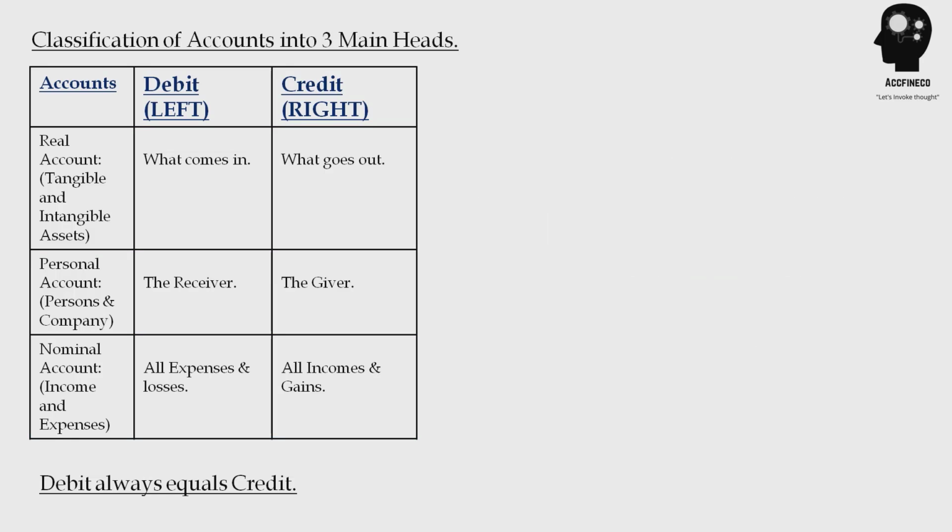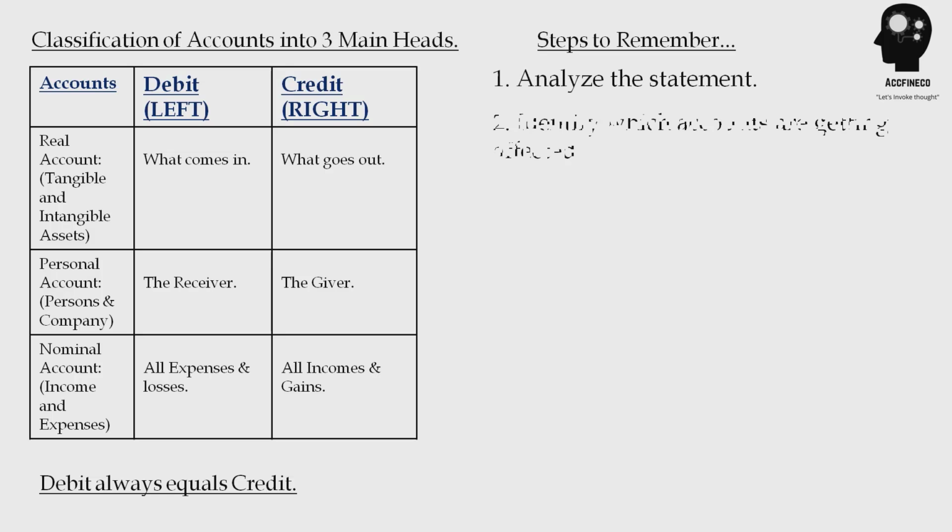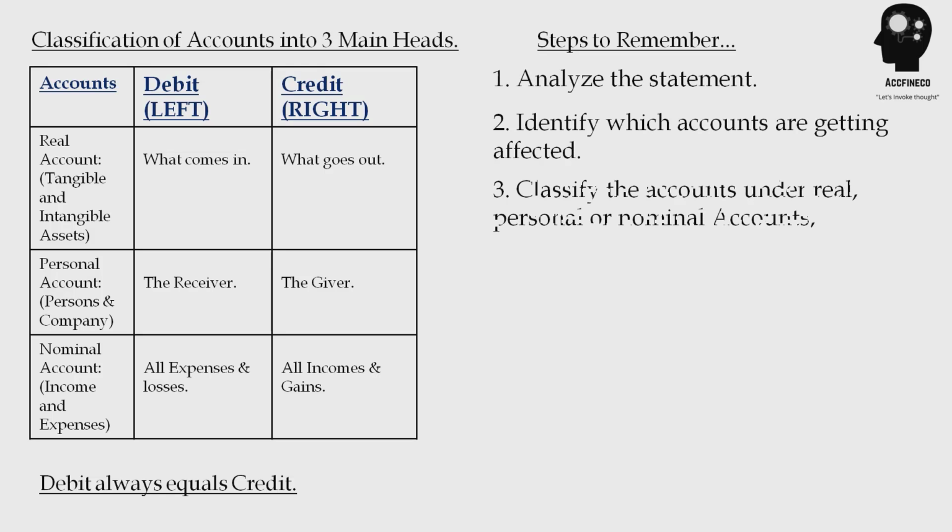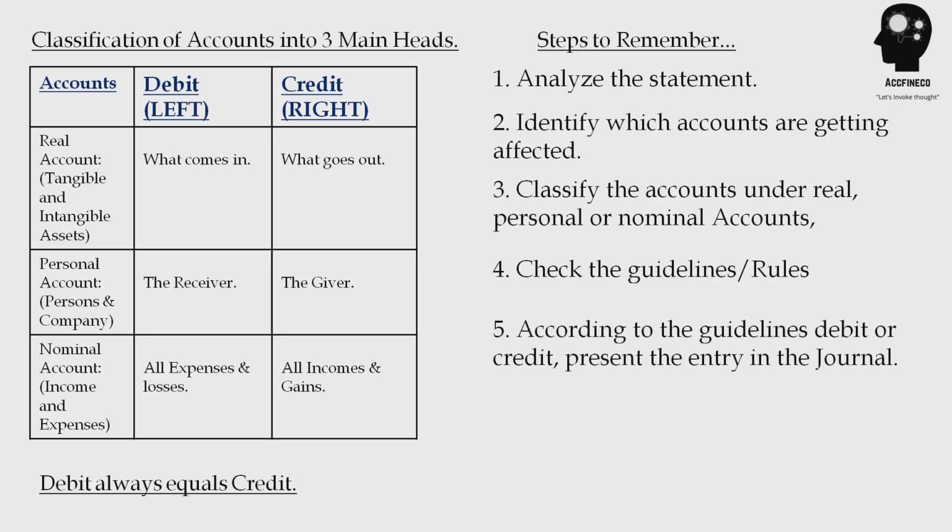So while passing journal entries, simple steps to remember. First, analyze the statement. Second, identify which accounts are getting affected. Third, classify the accounts under real, personal or nominal accounts. Fourth, check the guidelines. Fifth, according to the guidelines, which is debit or credit, present the entry in the journal.